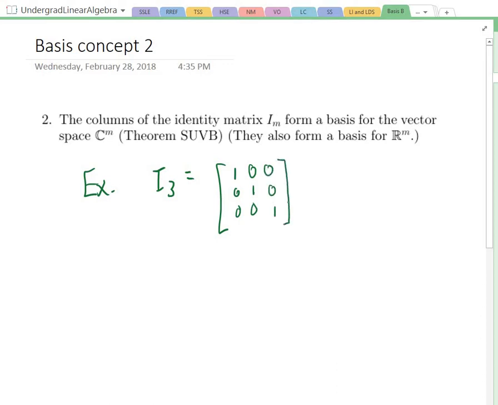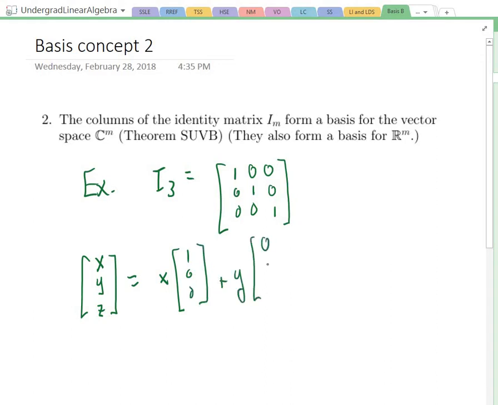These form a basis for the vector space C3. Why? Because if I have x, y, z, which is an arbitrary element of C3, I can write that as x times the first column plus y times the second column plus z times the third column.